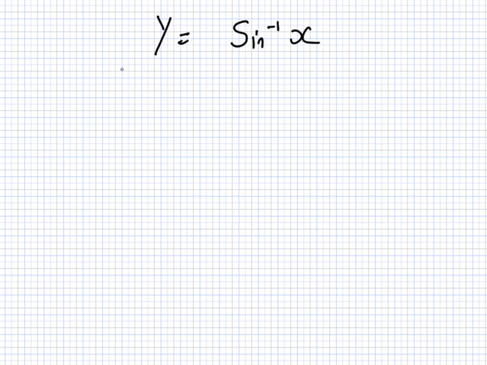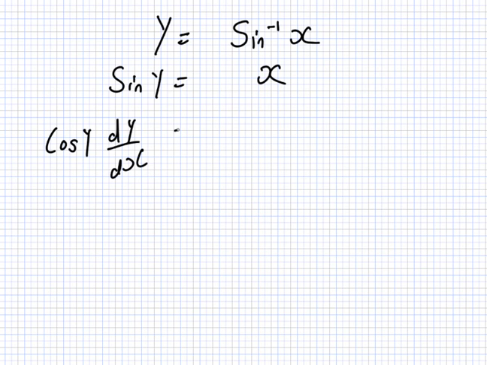So first I put a sine on both sides. Then I differentiate. This is cos y dy dx equals 1. So dy dx equals 1 over cos y.